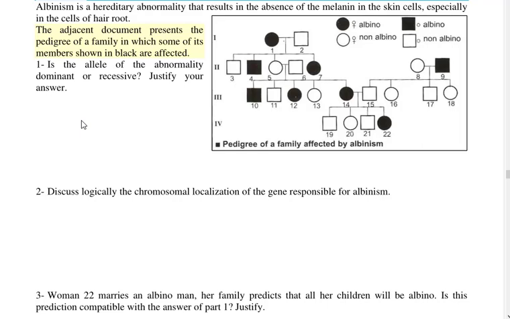First, to deny that it is on Y: if it was on Y, all the males should be affected. Since we have non-affected males, it is not on Y. Someone could also say that as long as we have affected females, it is not on Y. This works also.